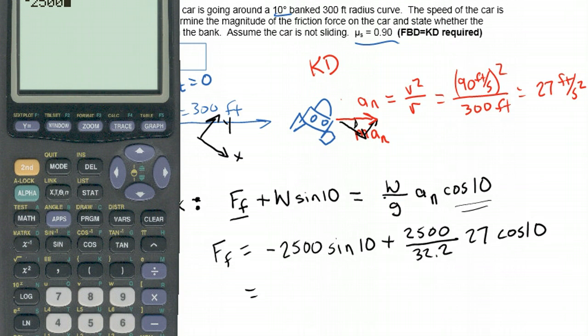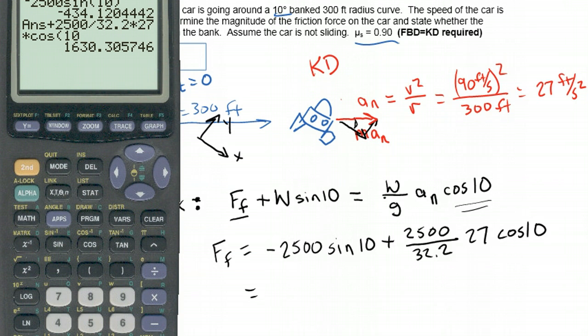Minus 2500 sine of 10 is going to be a pretty small number, plus 2500 divided by 32.2 times 27 times cosine 10. So I get 1630, and it's going to be pounds.